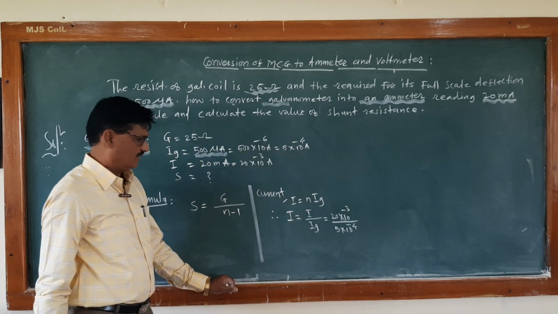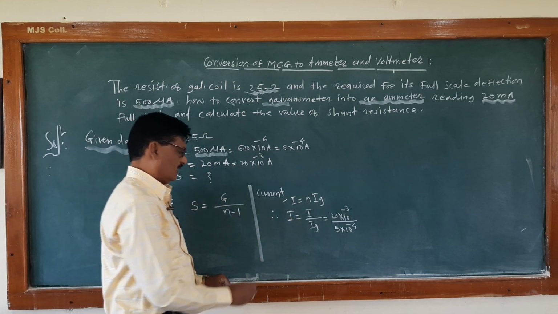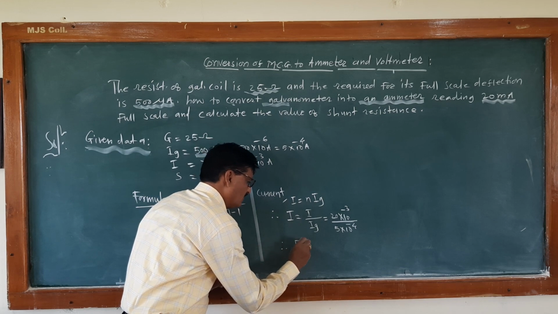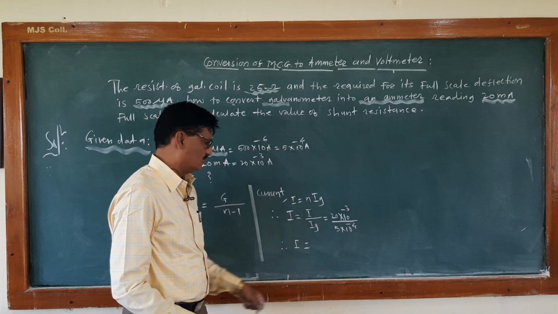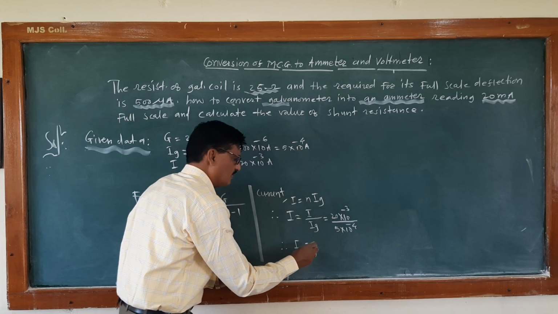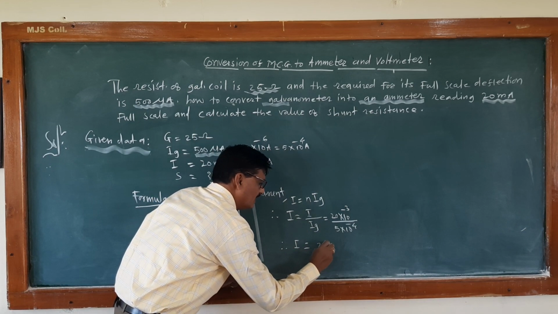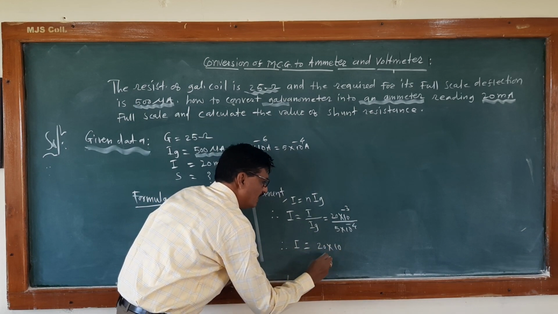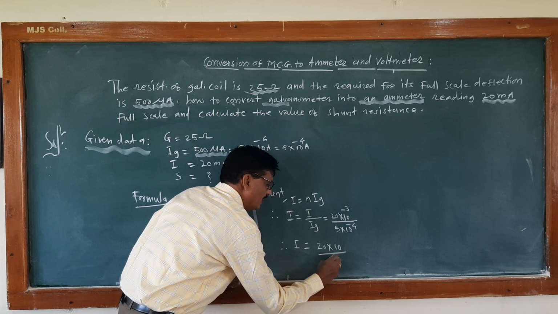Rearranging these terms, the denominator goes to the numerator, it becomes 10 raised to plus 4. This means 20 multiplied by 10 raised to 4 divided by 5.